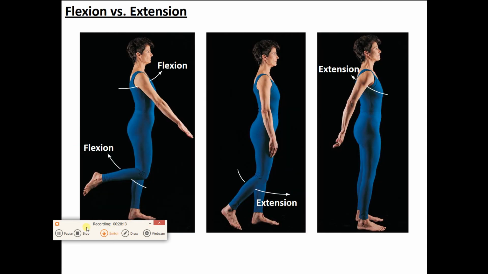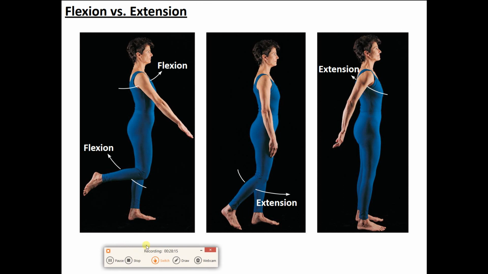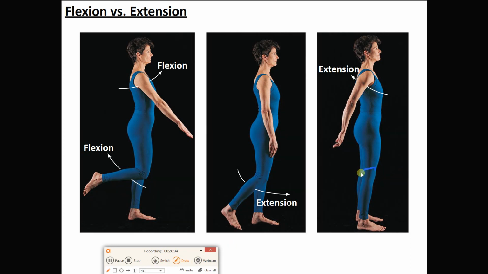So, flexion is when the joint angle gets smaller. A great example of this is the knee. Bending your knee backwards from a standing position. When you're originally standing, like the lady on the right over here, her joint angle of her knee is about 180 degrees.